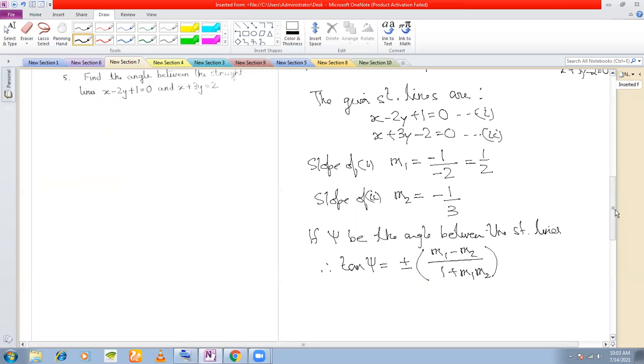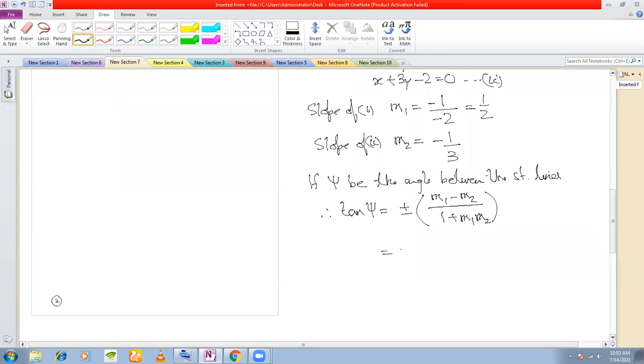You put the values of m1 and m2 here. So you get plus or minus, m1 is half, m2 is minus 1/3, divided by 1 plus m1 m2, half into minus 1/3. Right. You can simplify this to get 1.